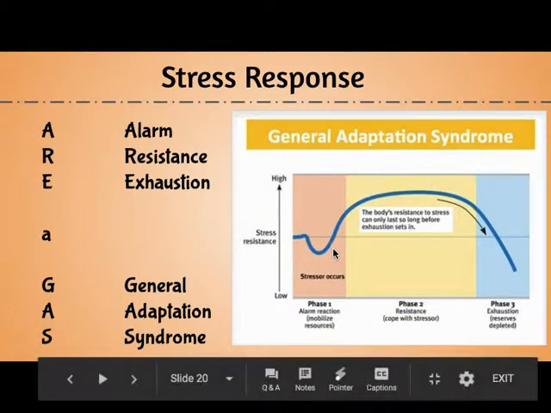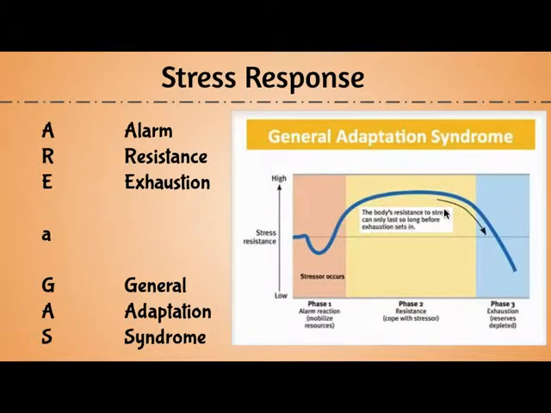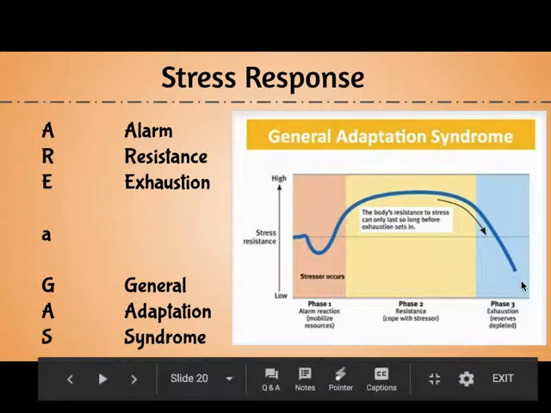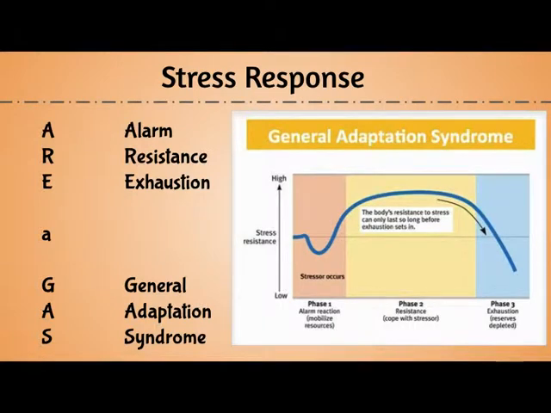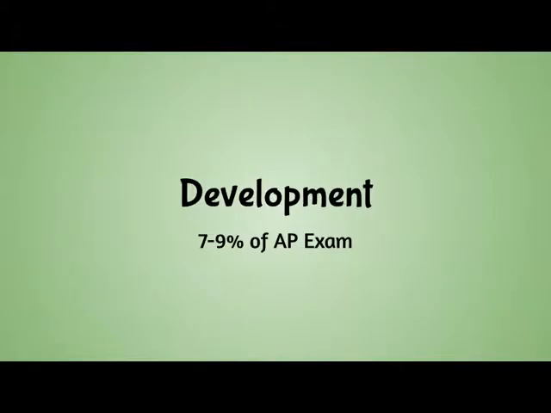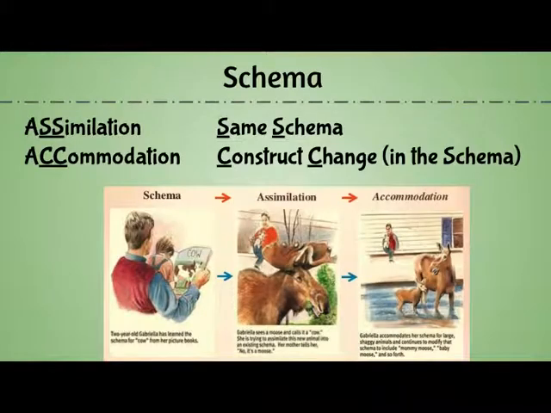Then in resistance, my body tries to resist the stress response. Then I get into exhaustion, where the reserves are depleted, and that's where we talked about headaches, stomach aches, body aches, suppressed immune system, things like that. So the stress responses are GAS, general adaptation. Any questions so far?